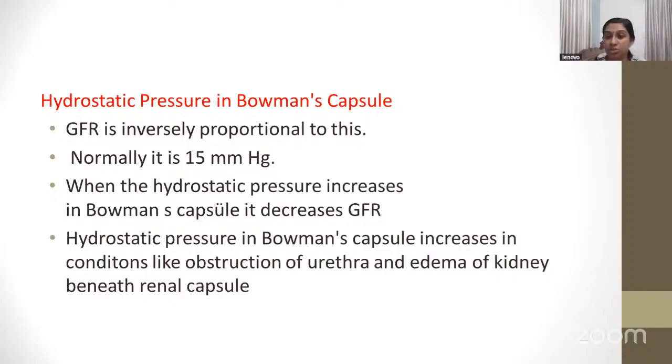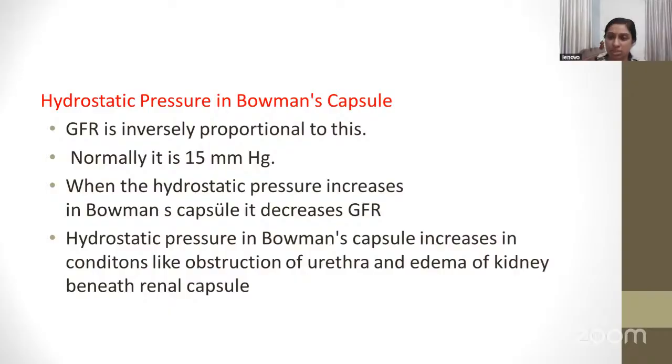Next is the hydrostatic pressure inside the Bowman's capsule. You can remember this feature hand in hand with the osmotic pressure and the hydrostatic pressure. These are opposing factors. When the osmotic pressure is increased, the hydrostatic pressure is dropping. So GFR is inversely proportional to the hydrostatic pressure in the Bowman's capsule. Bowman's capsule means inside, where the amount of filtrate is more.